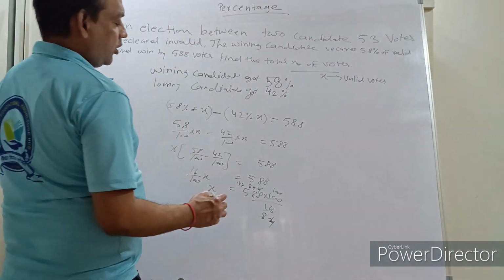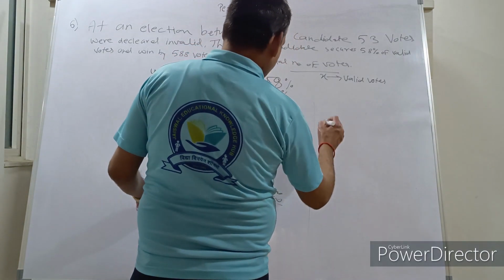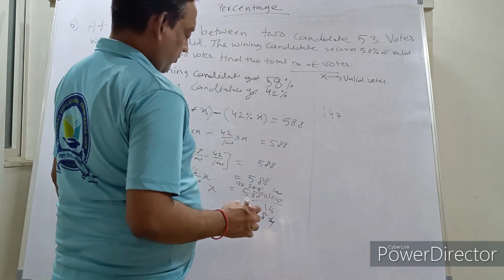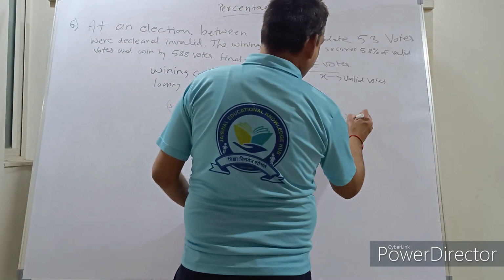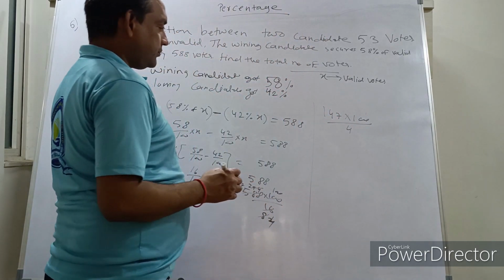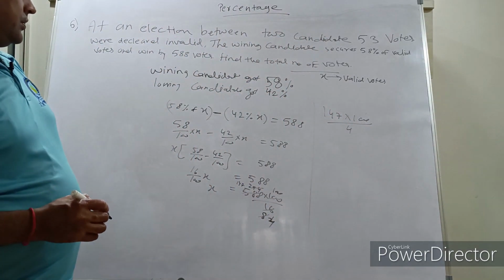Okay, so now we have 147 into 100 upon 4. Right?